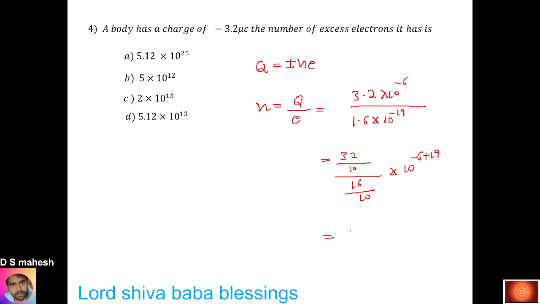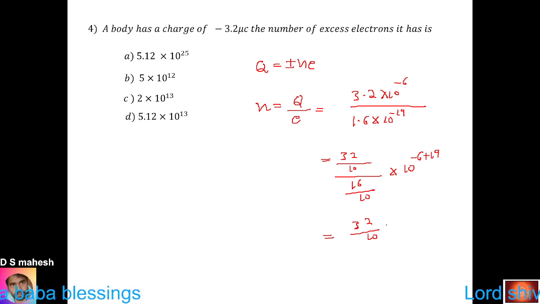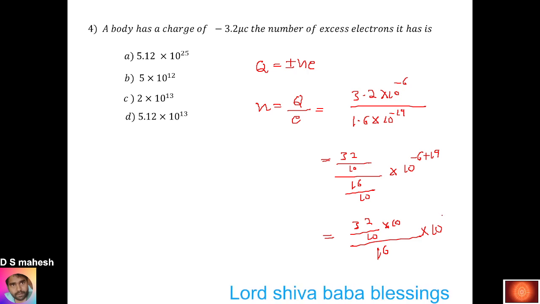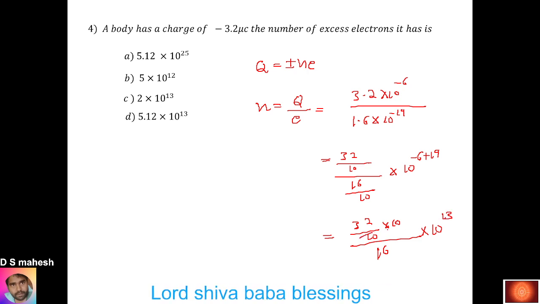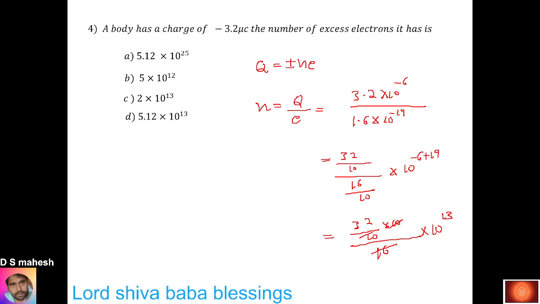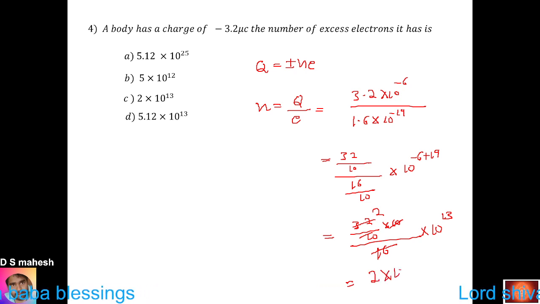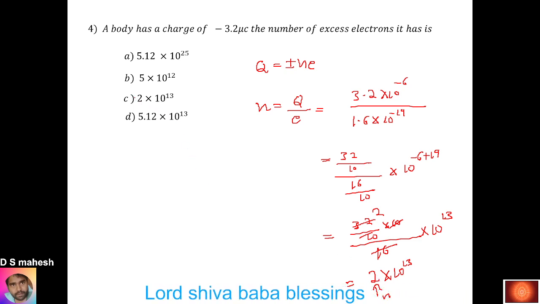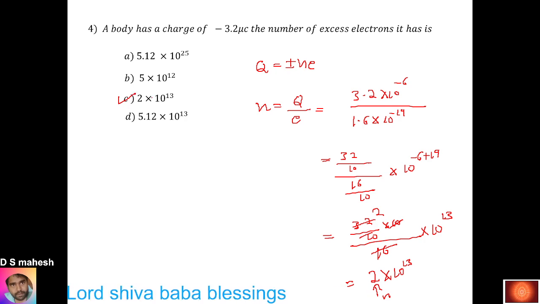So 10 and 10 get cancelled. 16 ones are 16, twos are 32. So that would be 2 into 10 to the power of 13. Here n is an integer. So that turns out to be 2 into 10 to the power of 13.